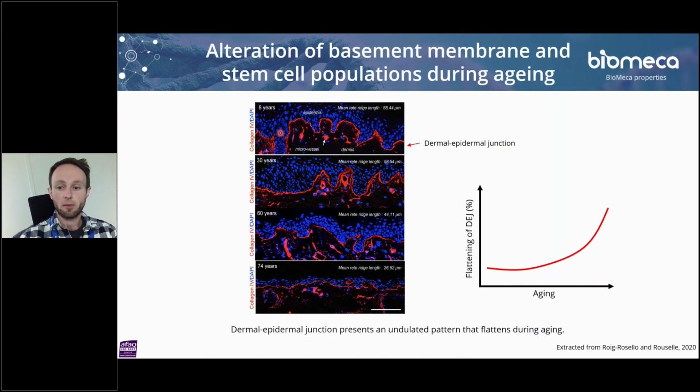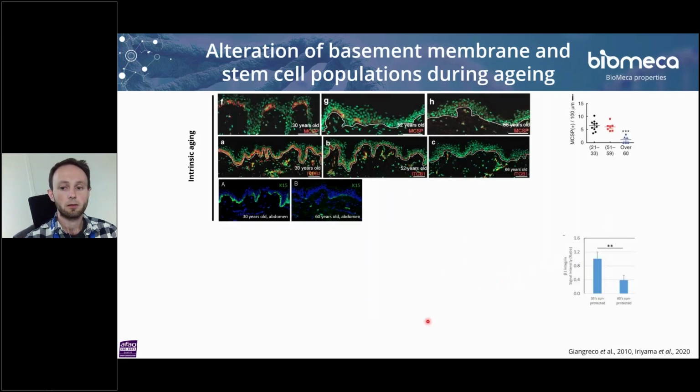The dermal-epidermal junction presents undulations, and these undulations are progressively flattened during aging, as illustrated on these images and on this graph. The dermal-epidermal junction is not the only structure to undergo changes at the level of the basal layer.